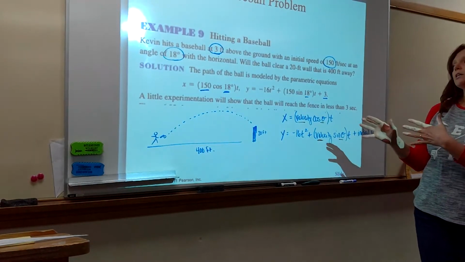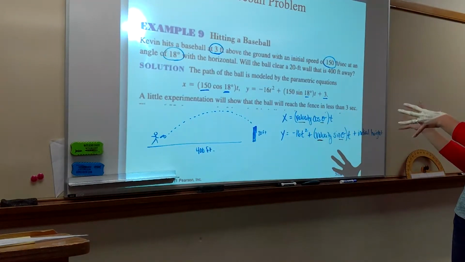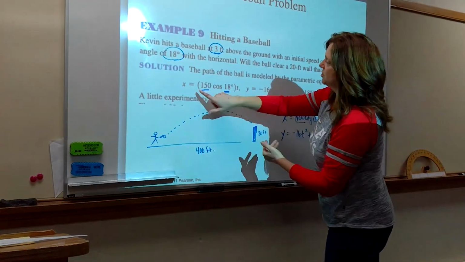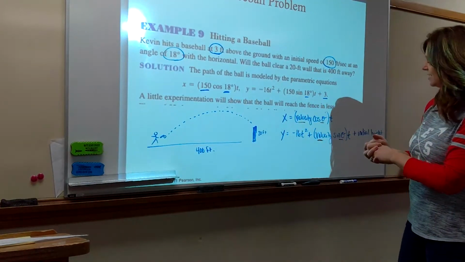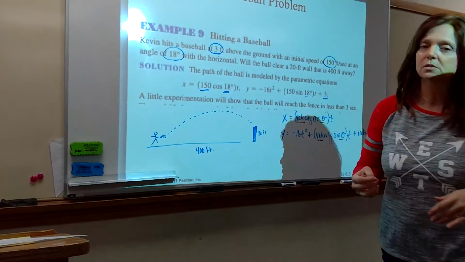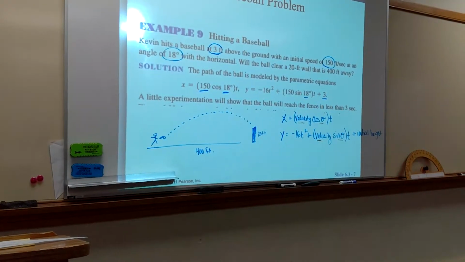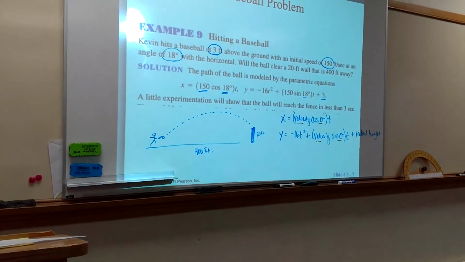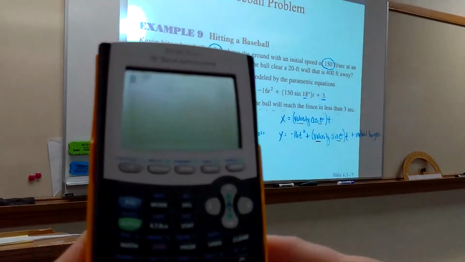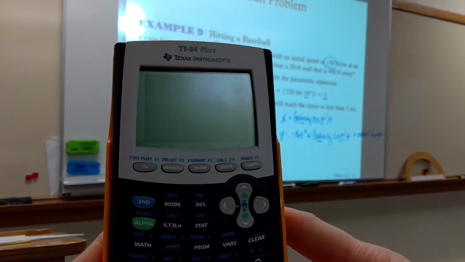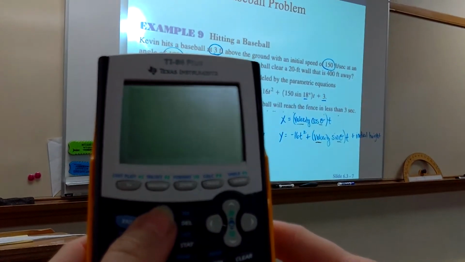So what we're going to do is use our calculator to see what this ball is doing as x changes, and then what its height, y, does. I'm going to try and do this on the calculator so you can see this. This is the TI calculator. What we can do is change the mode on our calculator to work in parametric.